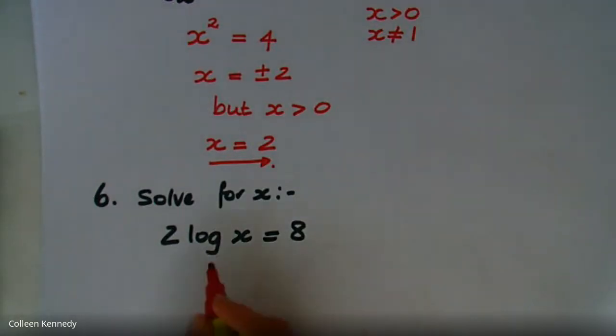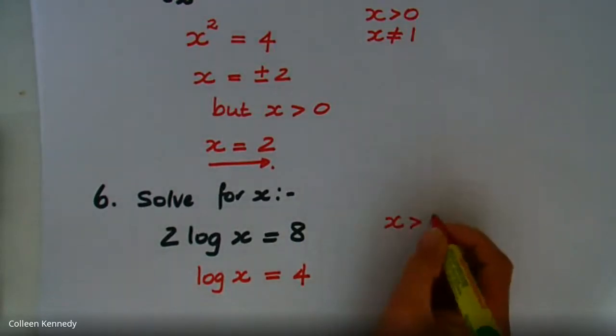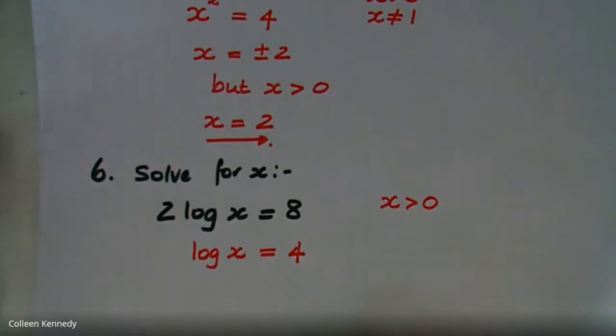If you isolate it, log of x equals 4. Now remember what we said, our number has to be positive, so that's our restriction. What is our base here if the base is not written in? 10, ma'am.